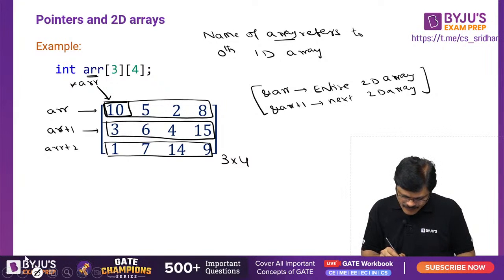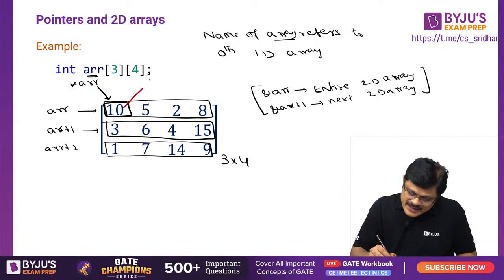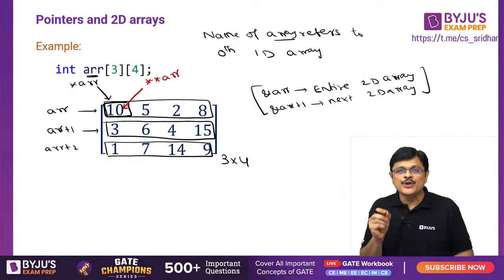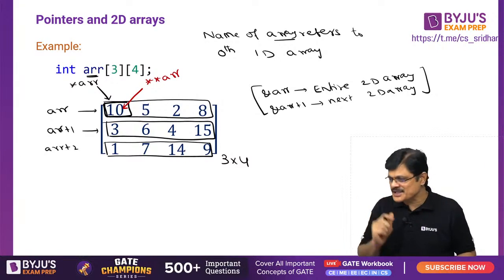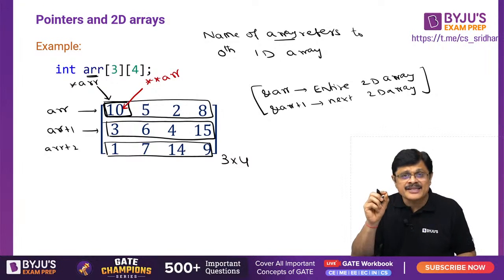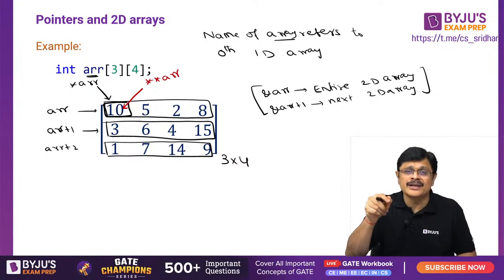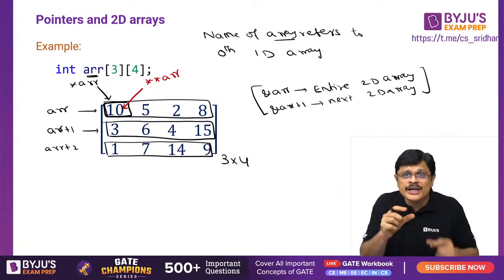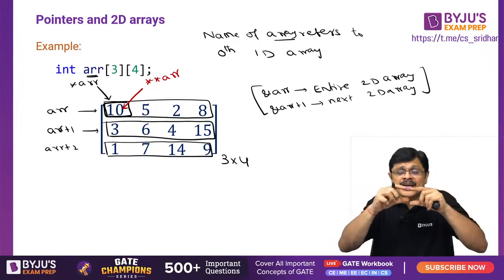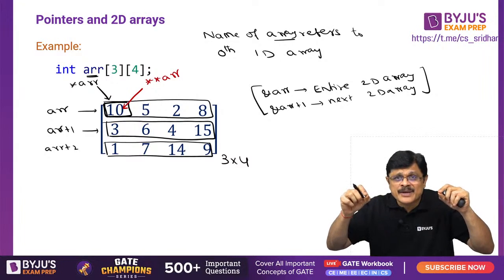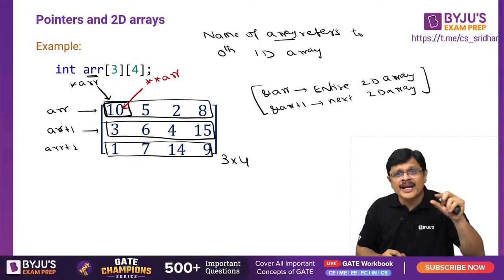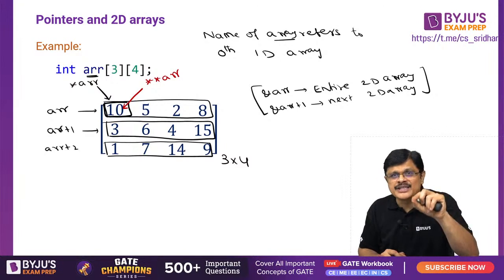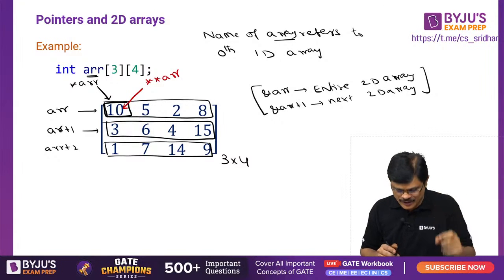Whereas **ARR refers to the element, the value which is stored at the 0th location of the 0th one-dimensional array. Am I clear? Here the array name is the 0th one-dimensional array, my dear friends. *ARR means the 0th location. **ARR means the value which is stored at the 0th location.